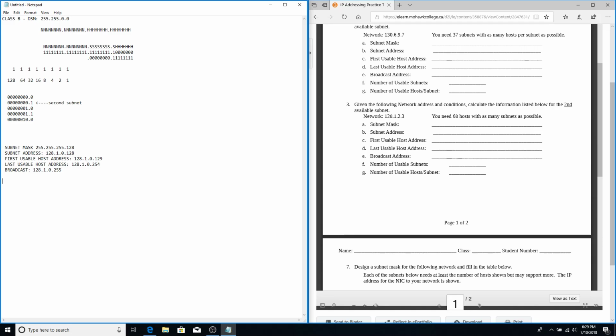And remember how this works. If you're ever doubting, like, when do I add and when do I not, remember it basically goes subnet address, okay? You can't use that, all right? Then all these guys here are going to be usable host addresses.